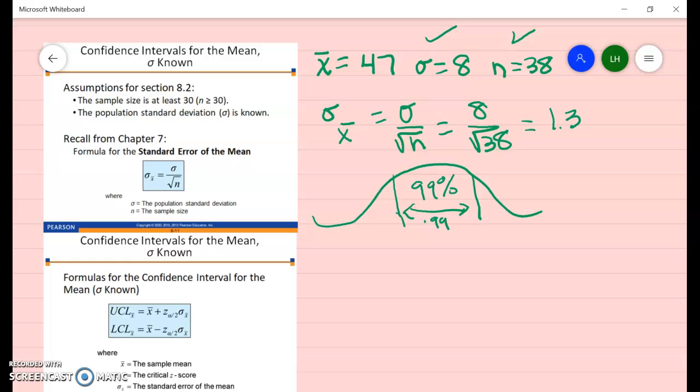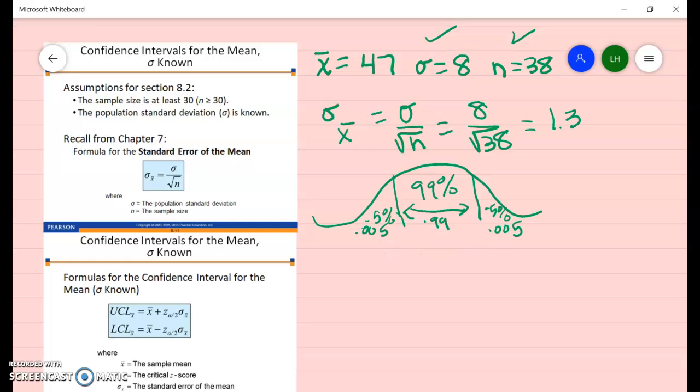So 1% divided by 2 would be 0.5%, or if we're writing this as a decimal, 0.005, and this side over here would be 0.005. So if you add these together with the 99%, it would equal 1.